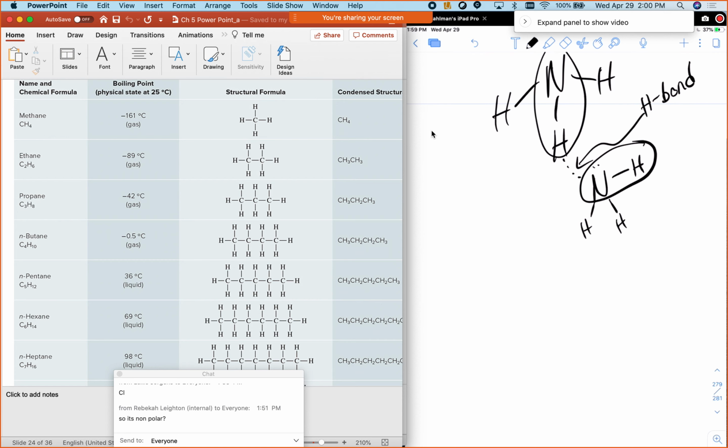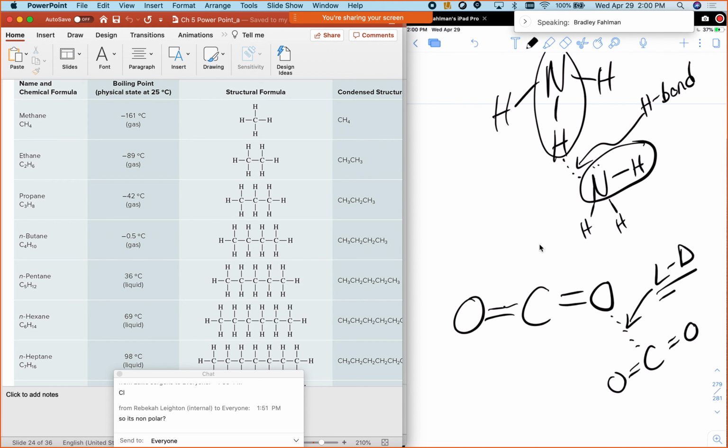Any questions about those three intermolecular forces? Do you want any more examples? CO2, for instance, is nonpolar, right, because it's linear. So these would be connected by London dispersion forces.